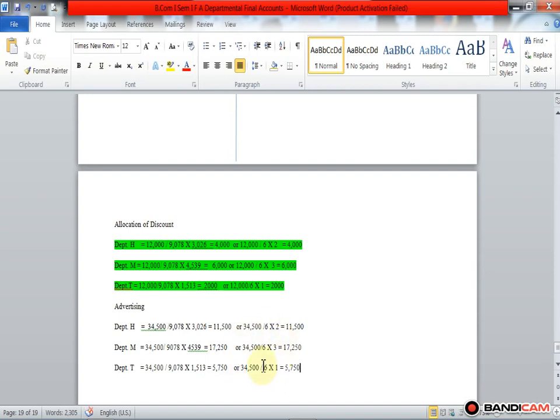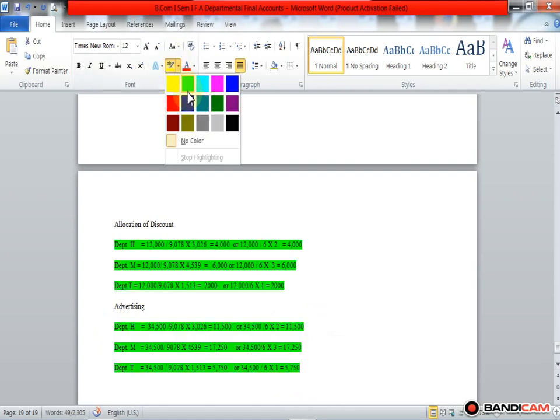Okay, so these are the answers for allocating the advertisement expenses on the ratio of sales.